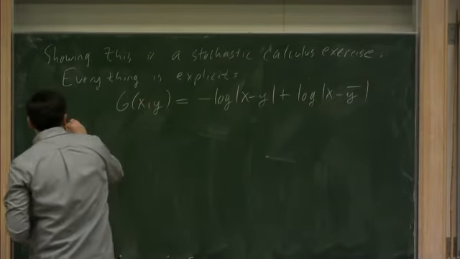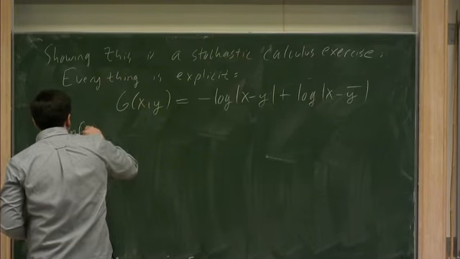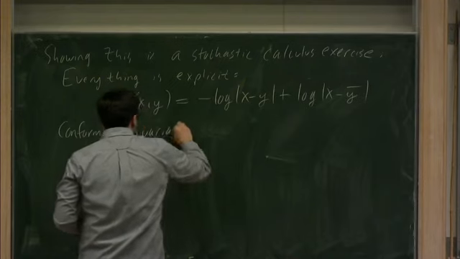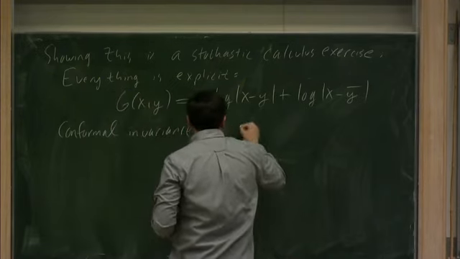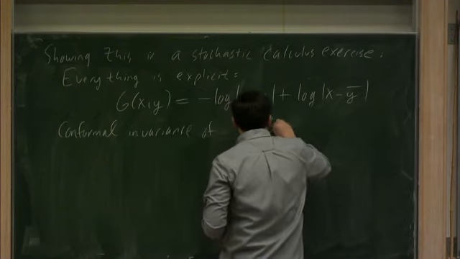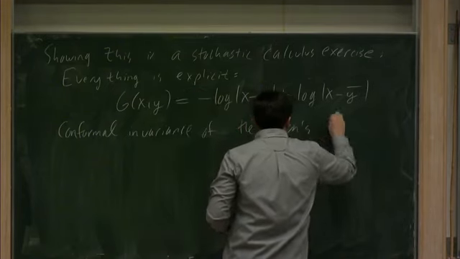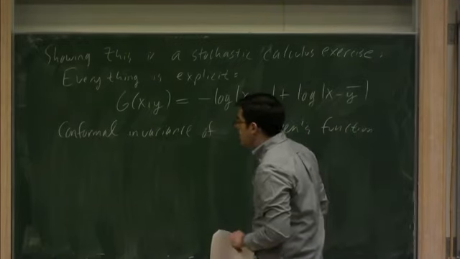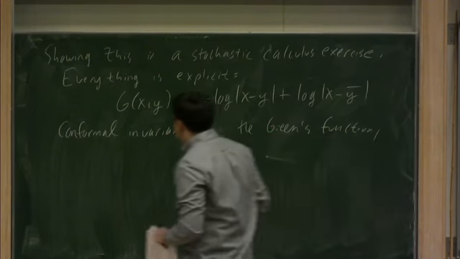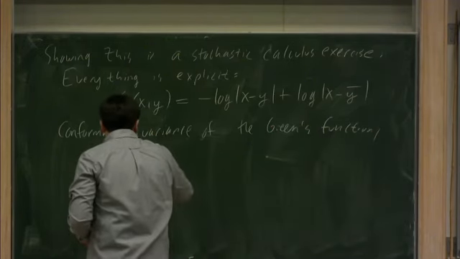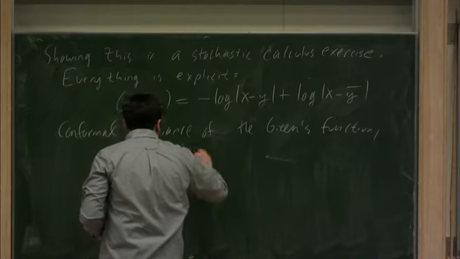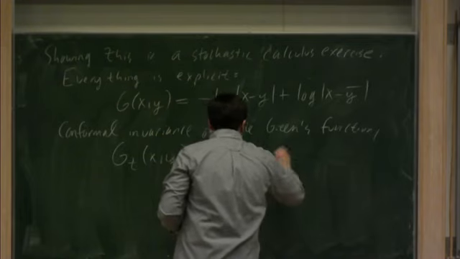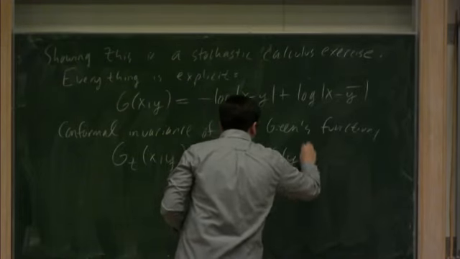And then by the conformal invariance of the Green's function, this g sub t that appeared in my definition of E sub t is explicitly given by g of f sub t of x, f sub t of y.